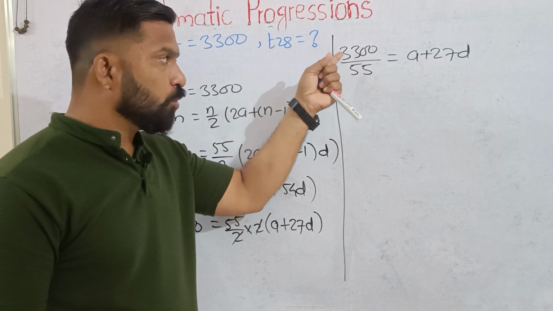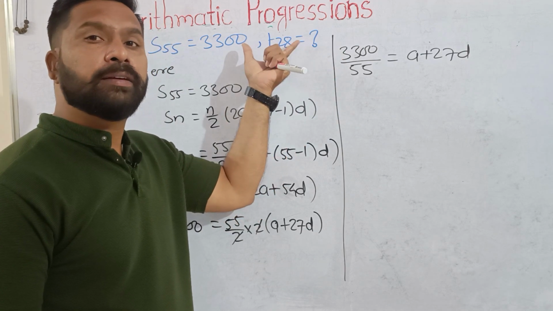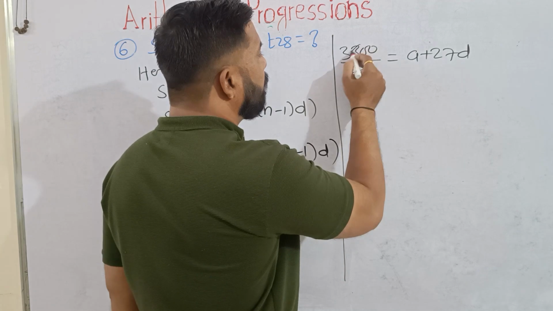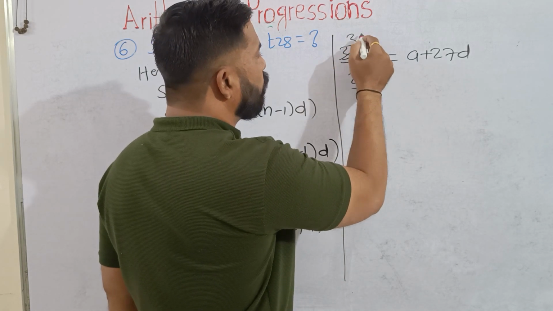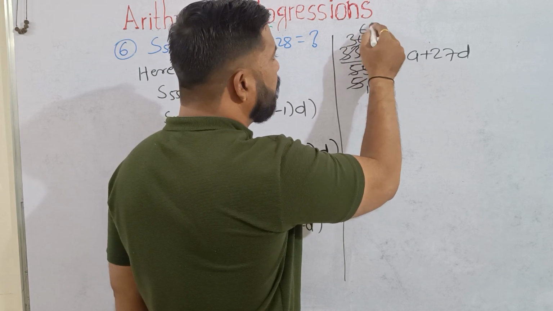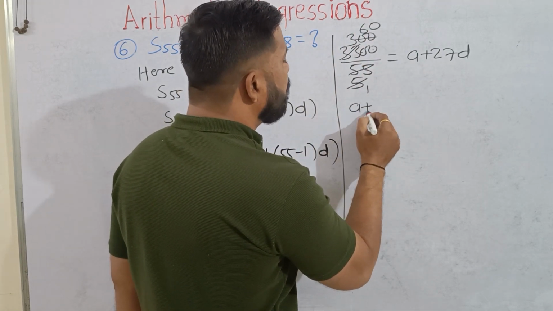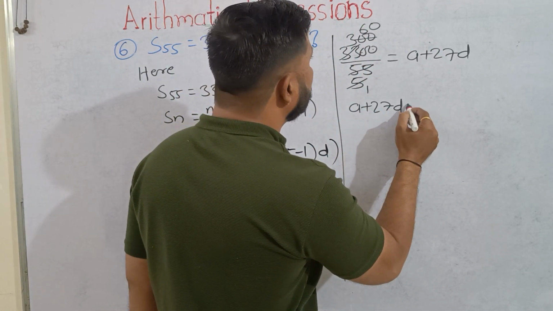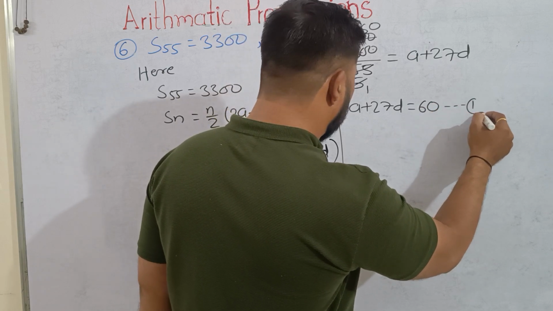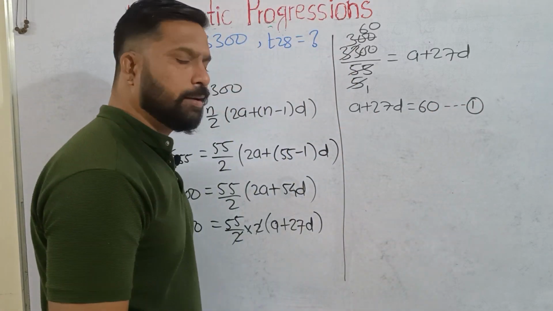So whatever their quotient is going to be is the 28th term. Very good. 11 5s are 55, 11 3s are 33, and 2 more zeros. 5 1s are 5, 5 6s are 30, and 0. a plus 27d is equal to 60, and it is number 1, as we have not used any number here.